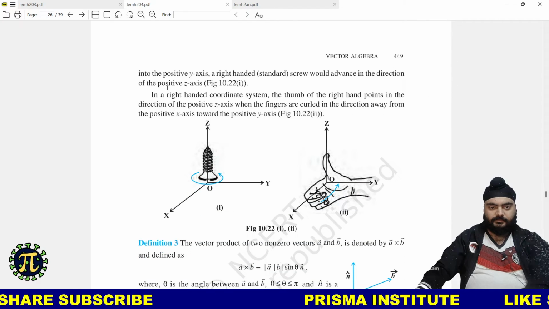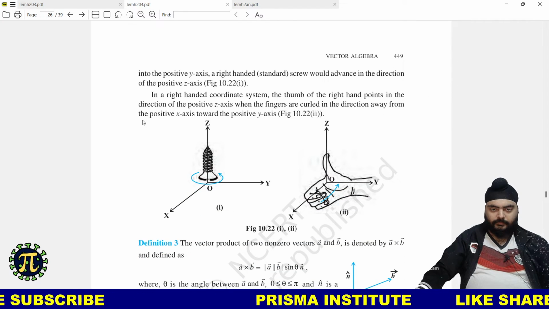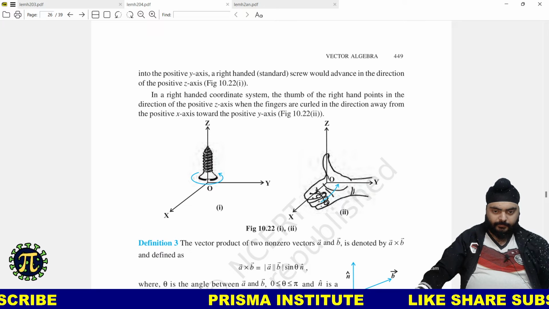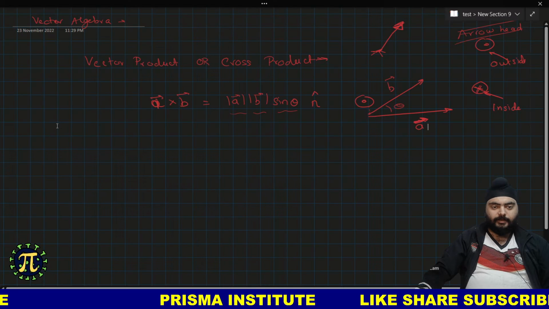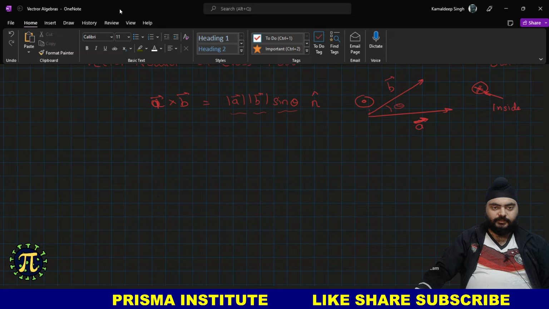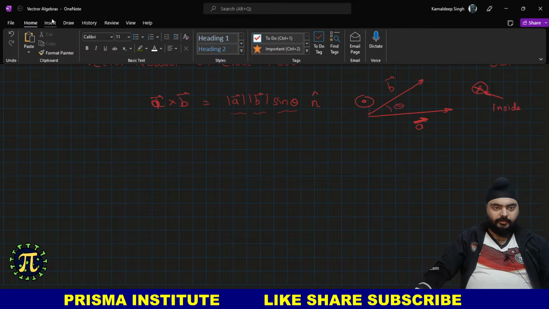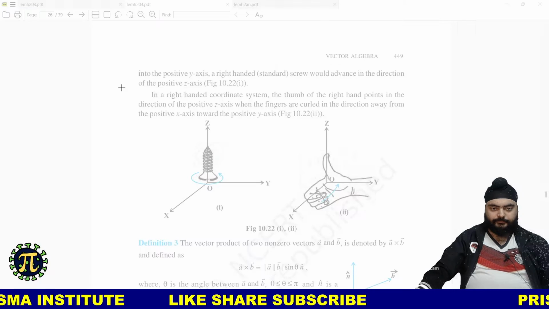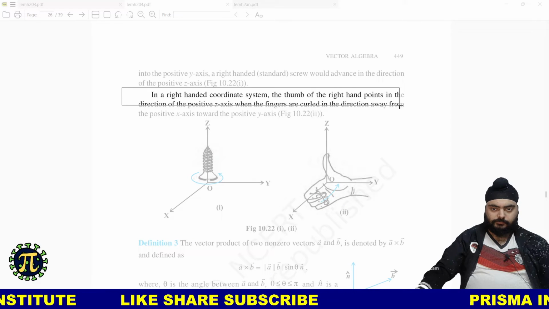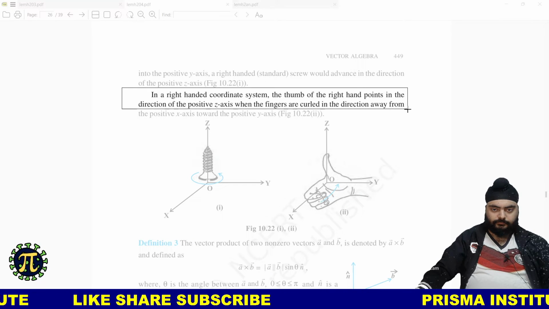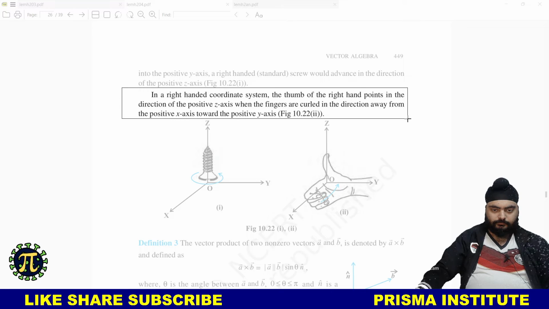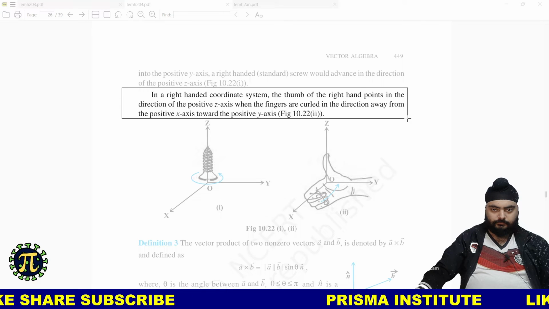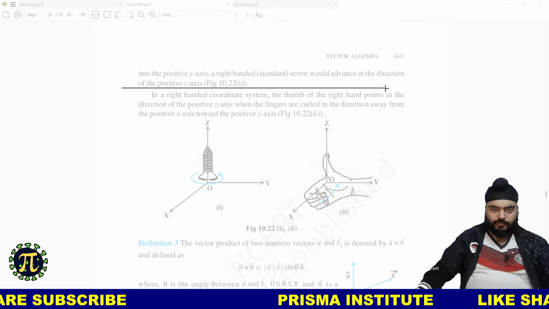Let's see here. So right hand thumb rule आपने physics में भी पढ़ा होगा in class 10th when you learn magnetism, and even in class 11th. Okay, so it was above.